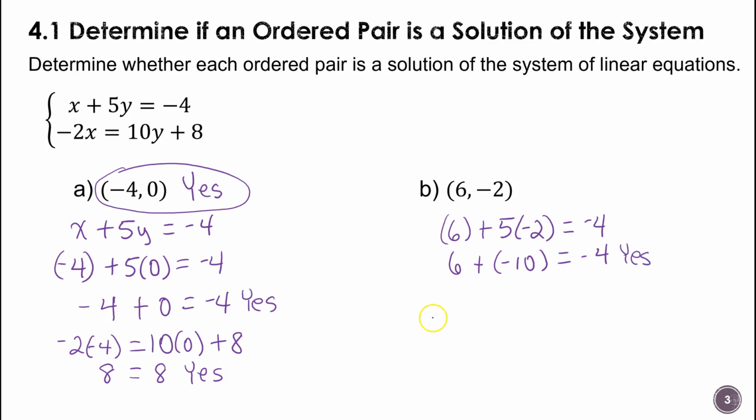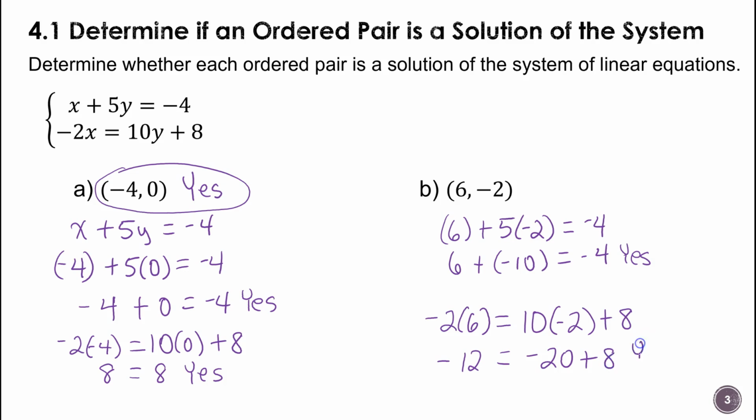In the second equation, I'm going to have negative 2 times 6 equals 10 times negative 2 plus 8. So negative 12 equals negative 20 plus 8. That is a yes. So this ordered pair is a solution to this system, and so is negative 4, 0. We just chose some different ones to show you.